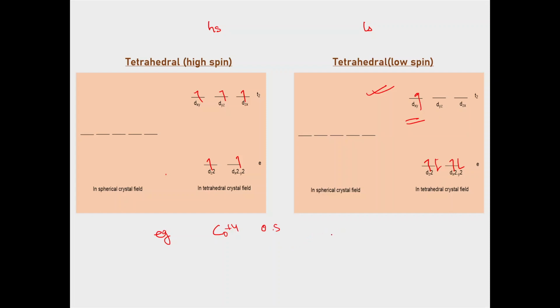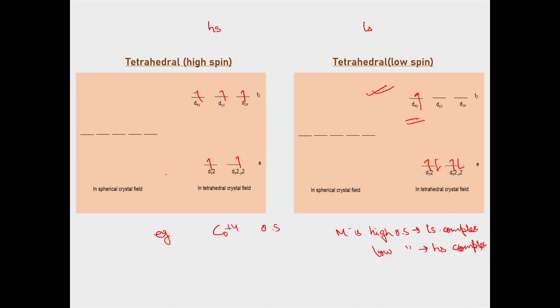One among them is the oxidation state of the metal. If the metal is present in a high oxidation state, then they generally prefer forming low spin complexes. Whereas if a metal is in a low oxidation state, then they prefer high spin complexes.